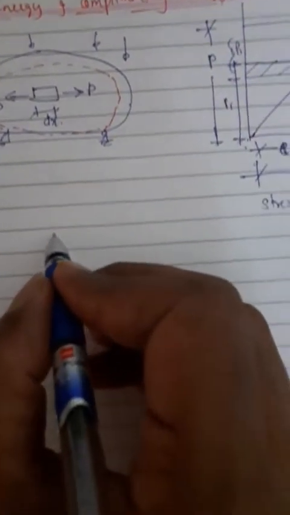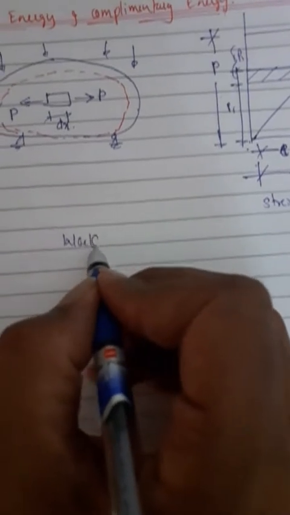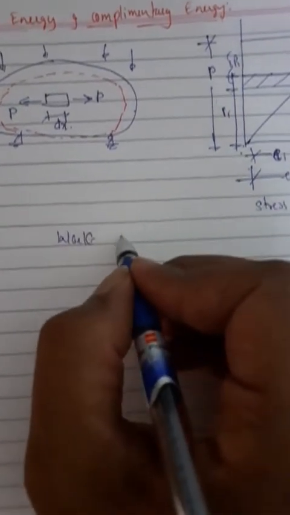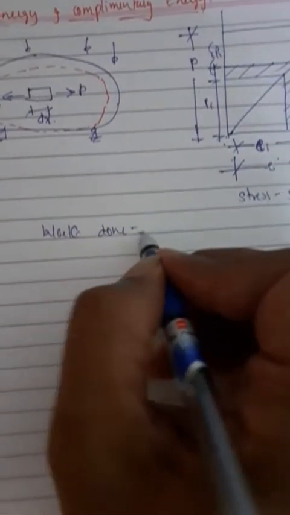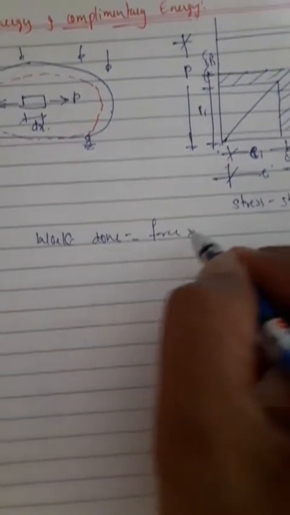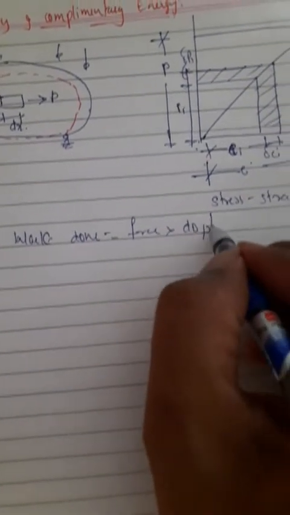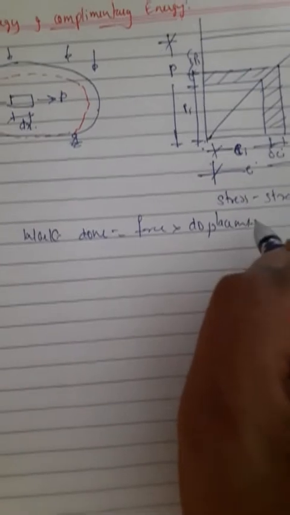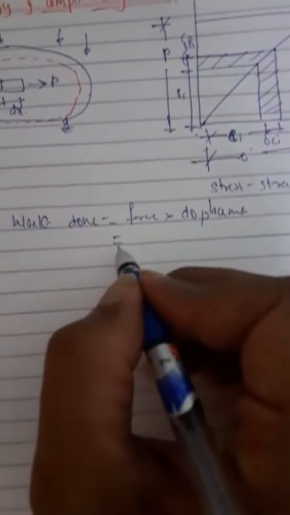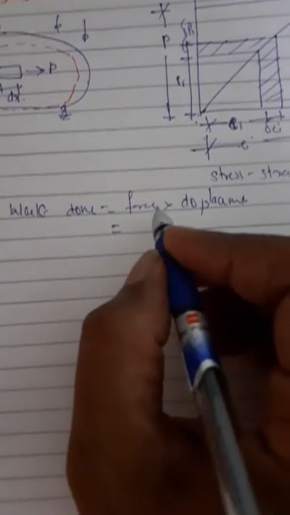Now we have the equation: work done is force into displacement, and force I can write as stress into area.